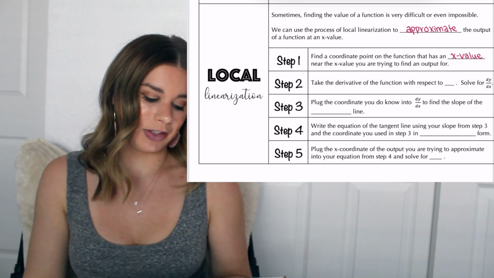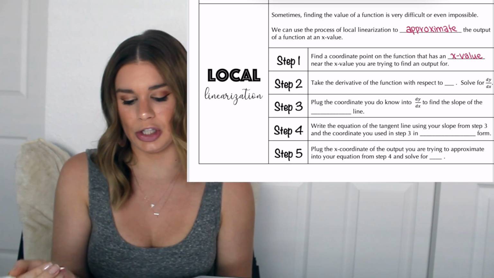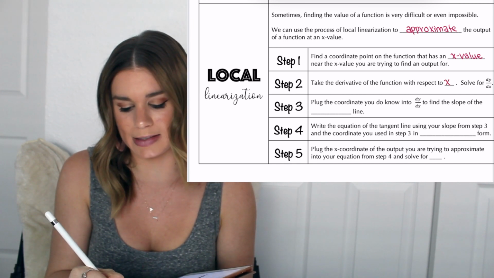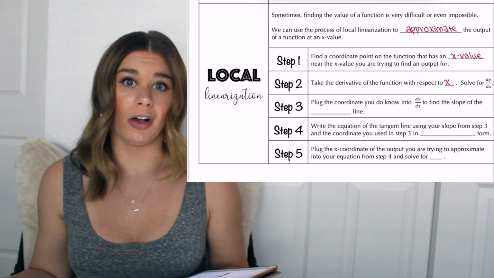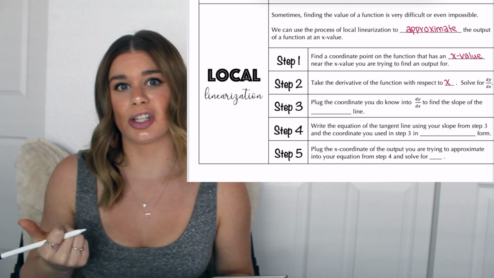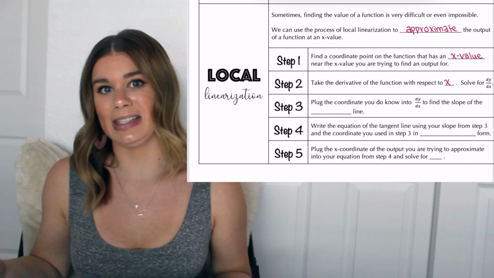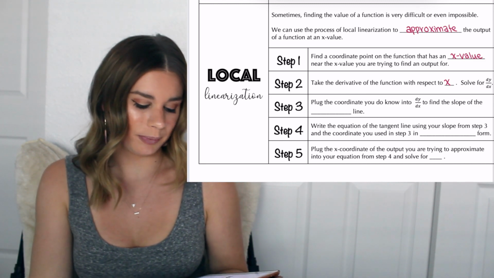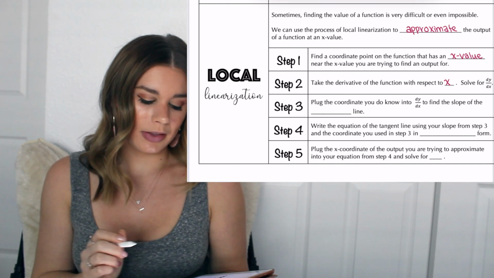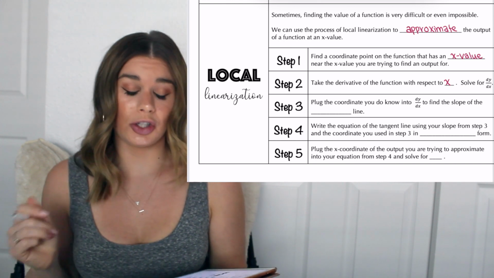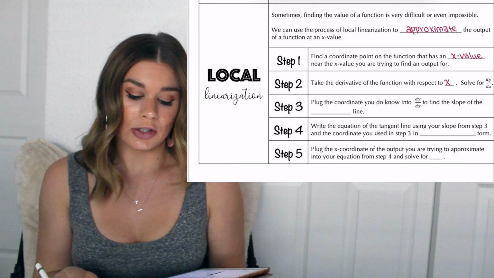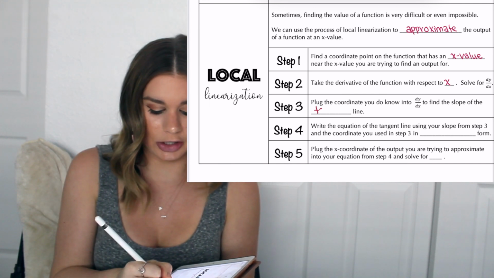The next step is to take the derivative of the function with respect to x. You want to make sure you solve for dy/dx because you actually want the slope of this tangent line. It makes it a lot easier to then calculate the slope. You want to then plug the coordinate you do know into dy/dx to find the slope of the tangent line.